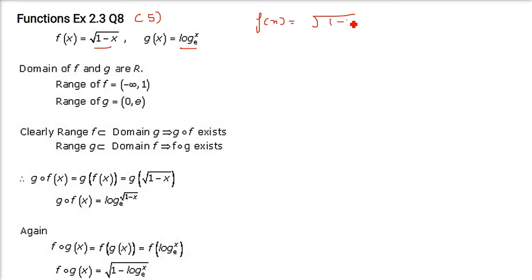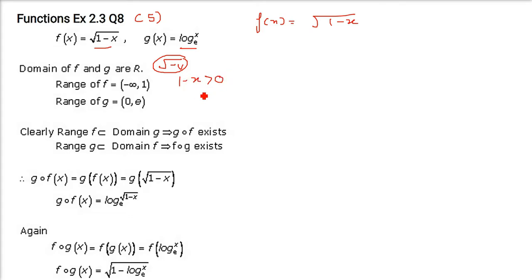So what is the domain? What all values x can take which are valid, which will make this function valid. Under root, we don't take negative values because that will come under complex values. So we have 1 minus x greater than 0, it has to be greater than 0.